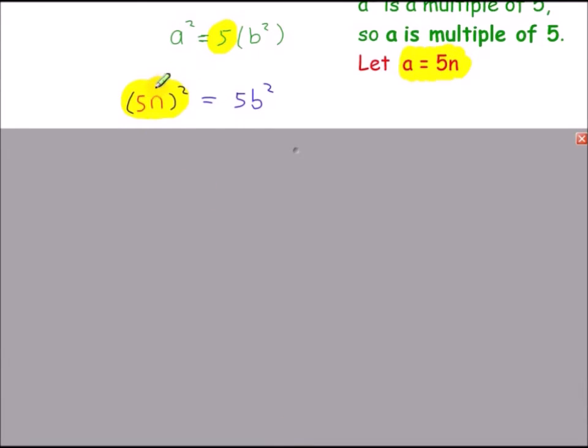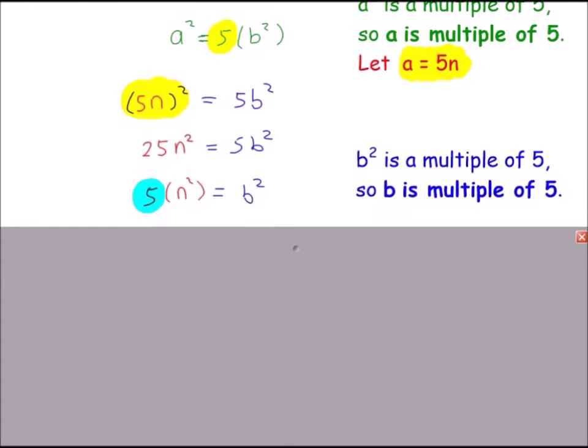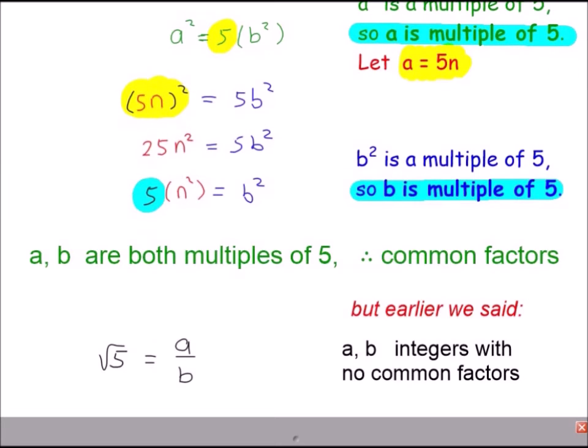So we expand the brackets, gives 25n squared, divide by 5 on both sides, and now we see that b squared is a multiple of 5. If b squared is a multiple of 5, then b is a multiple of 5. And we already have this, that a is a multiple of 5. We said earlier that root 5 was equal to a over b, where a and b are integers with no common factors.